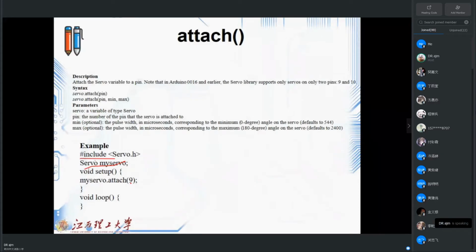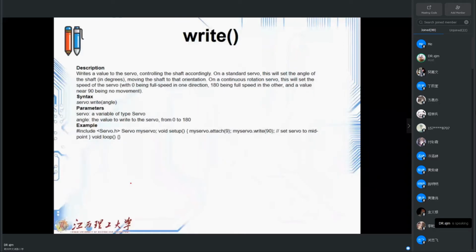The second one is write, which will write a value to the servo motor and control the shaft accordingly. On a standard servo, this will set the angle of the shaft in degrees, moving the shaft to that orientation. On a continuous rotation servo, this will set the speed of the servo, with 0 being full speed in one direction, 180 being full speed in the other, and a value near 90 being no movement.